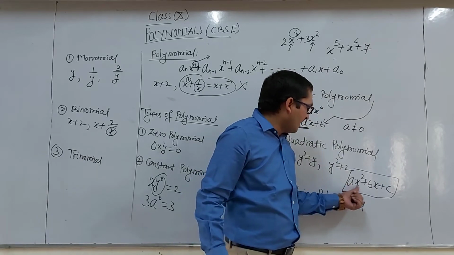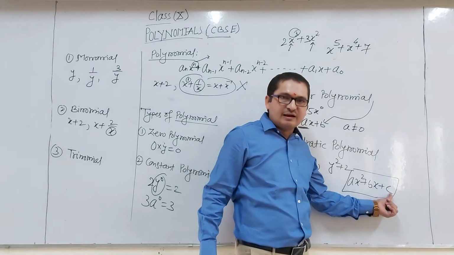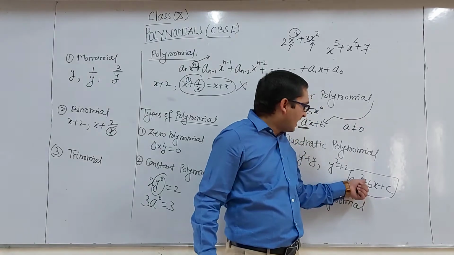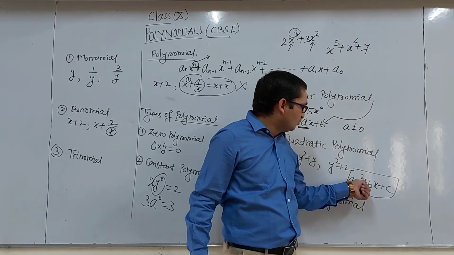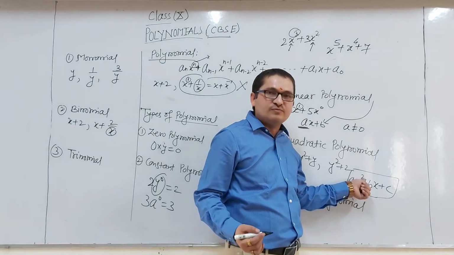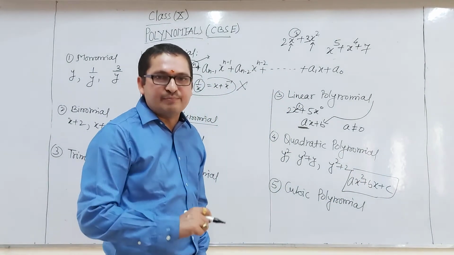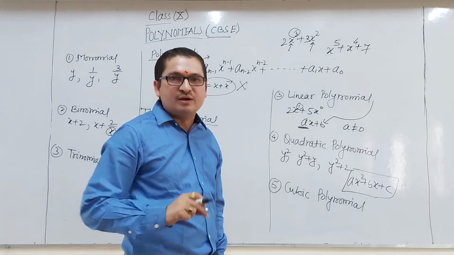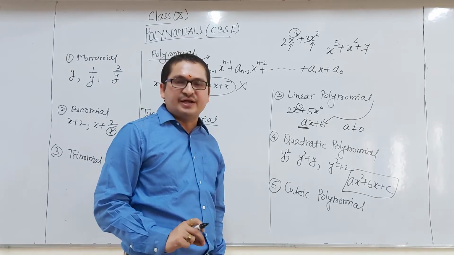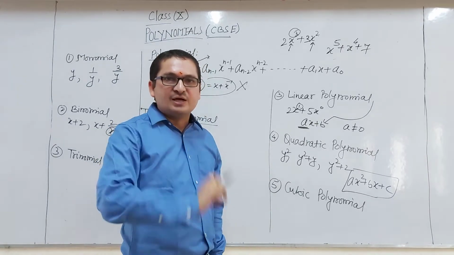Remember, a, b and c are real numbers, constant values. The highest power of the variable is 2, so the degree should be 2 for a quadratic. So y square, x square, x square plus x, and x square plus 7 are quadratic polynomials.